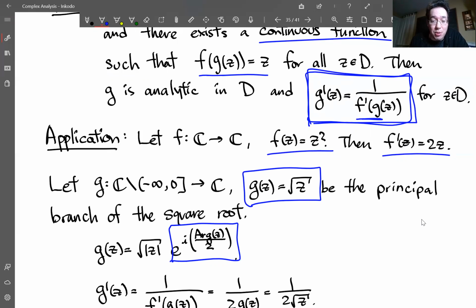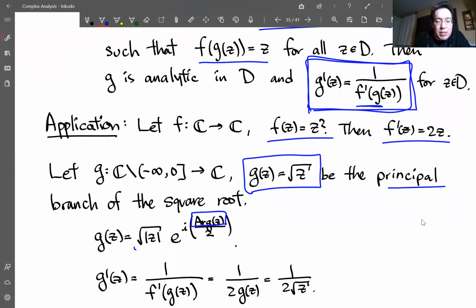So the square root has 2 solutions. So let's say the principal branch. So I'm going to use the capital Arg function divided by 2. Okay, so this is one of the branches of the square root of z function. I hope that makes sense.